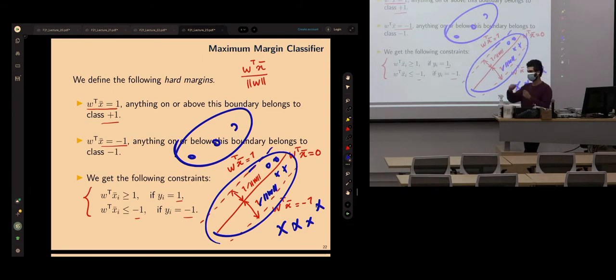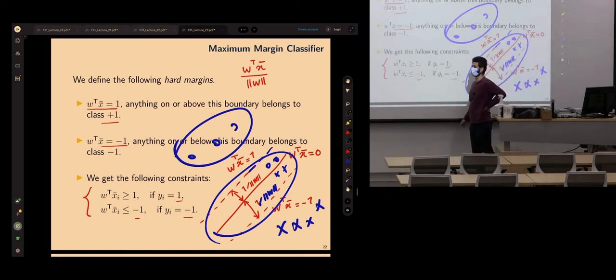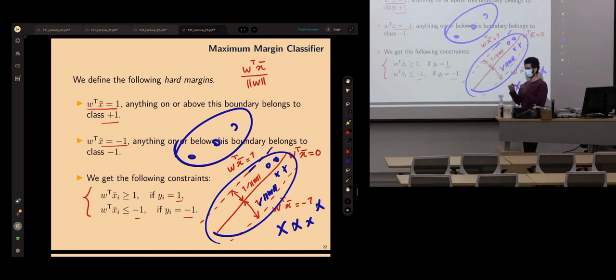These points become the support for finding the solution. It's actually 1 over the norm of W, not 1. You could change 1, but it's not going to change anything because we can change W during optimization. Next time we will talk about soft margin classifiers, where we relax it a little bit by adding extra variables.